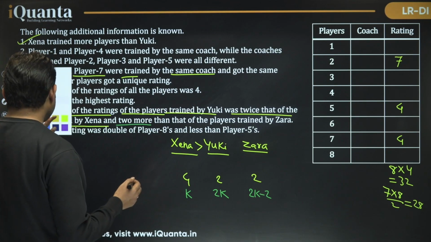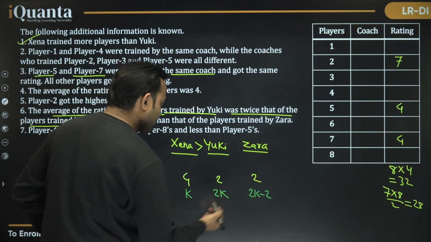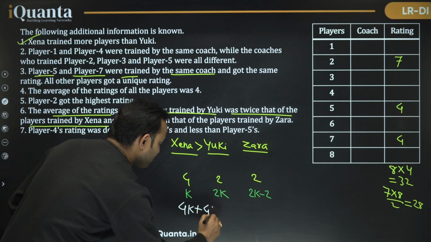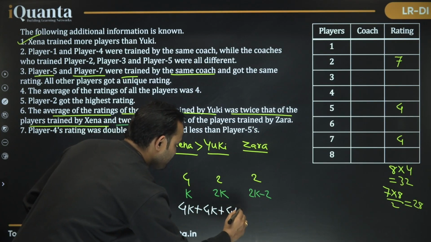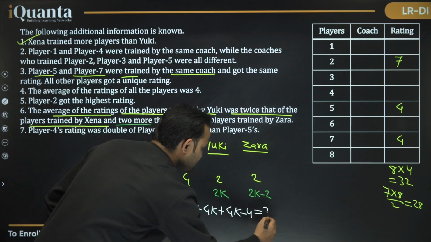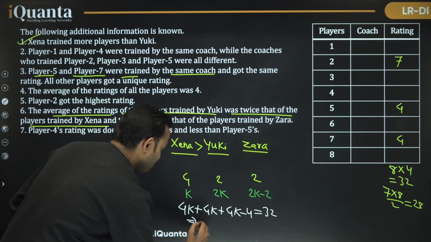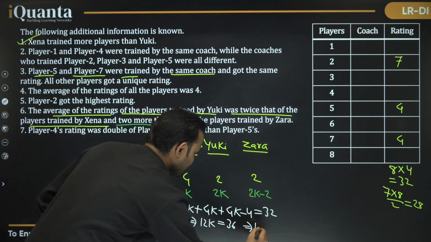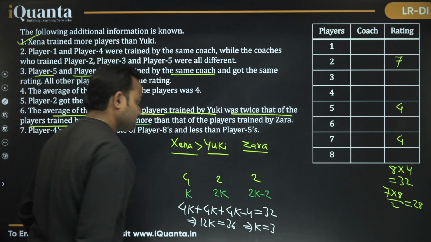So in that case, if we check what will be the value of K: 4K plus 4K plus 4K minus 4 is equal to 32, or 12K is equal to 36, so K we got as 3.